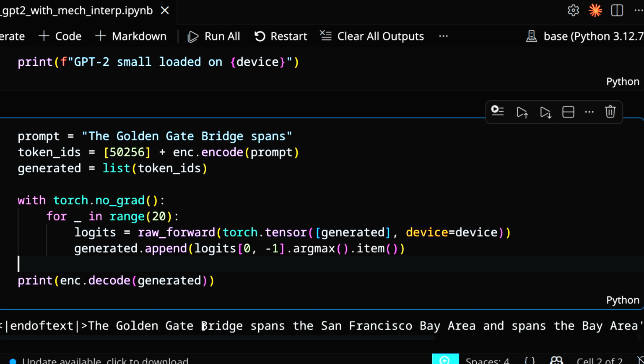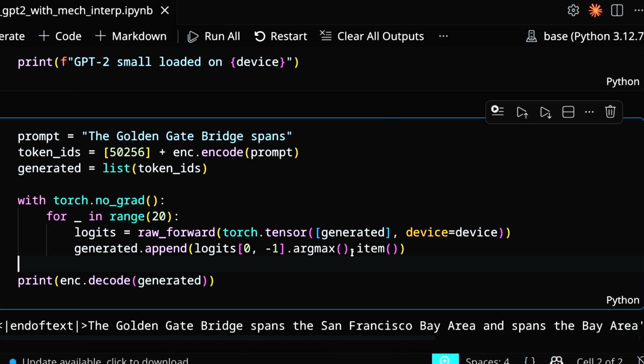So for the Golden Gate Bridge spans, it would put whatever token ID represents the token the, and then all that would go into the neural net again to the forward pass and predict whatever token ID represents San, and so on. Keep doing that over and over.